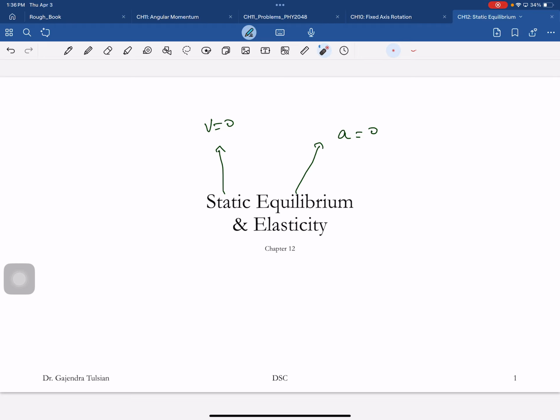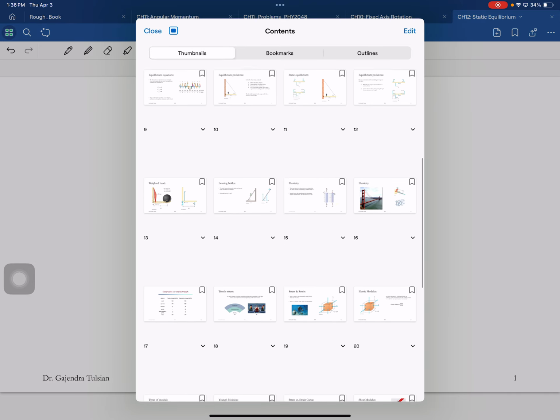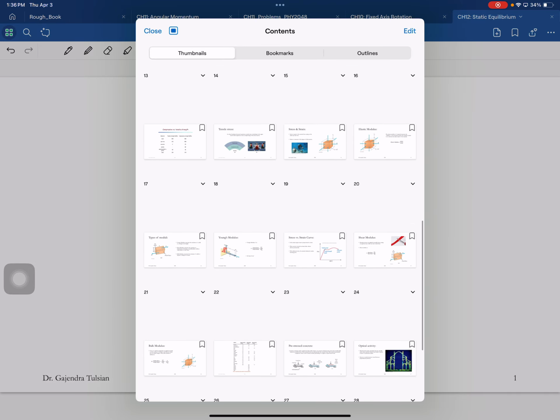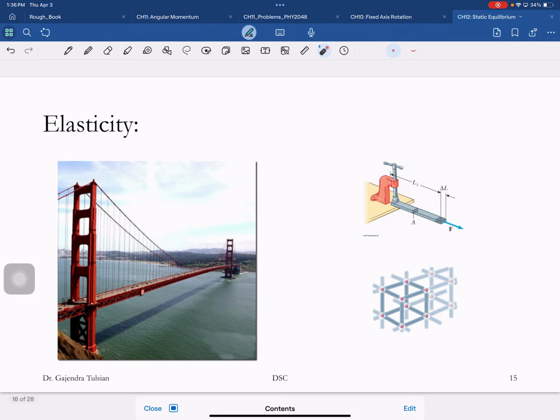Elasticity. Okay, so let's go back to that example of the bridge. Let's say the bridge was empty and then you drive over the bridge. As you're driving over the bridge, what happens? You've added weight and these cables stretch ever so little.